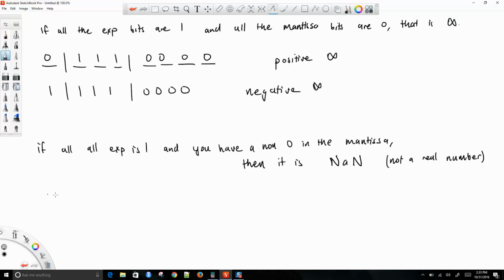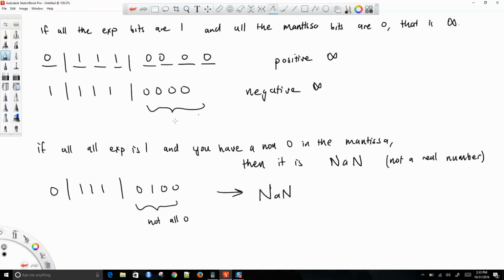Something like this would become not a number, if the mantissa is not all zero.